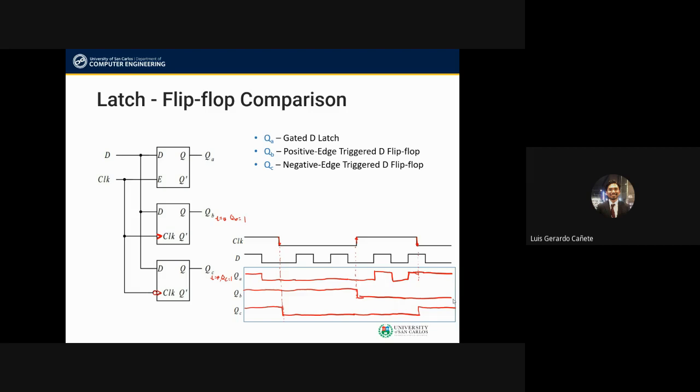Now, once again, the nice thing about edge-triggered flip-flops is that the timing is sort of strict, okay? There is, however, something that I'd like to discuss that is much more of a practical property of your D-latch.